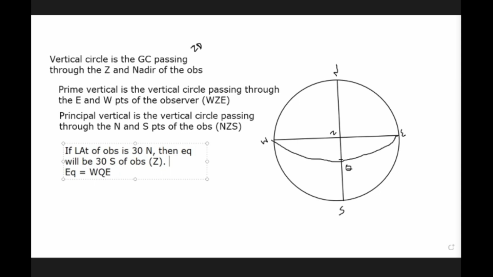Got it? How we got WQE? Because you'll be using this extensively in your district. Now, yeah, ho gaya to both. Then we'll come on to the next.